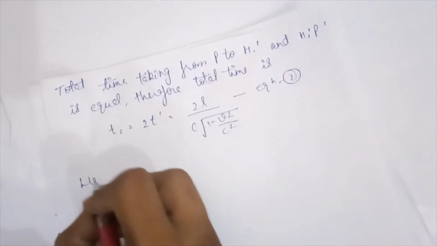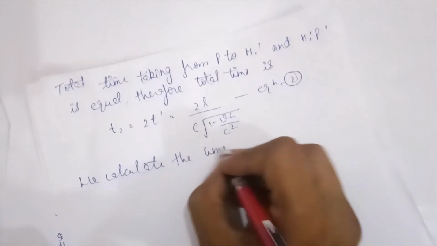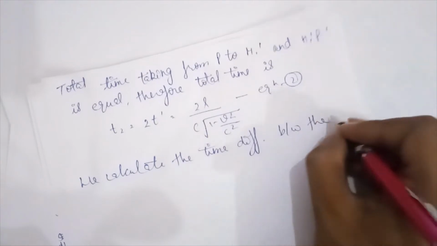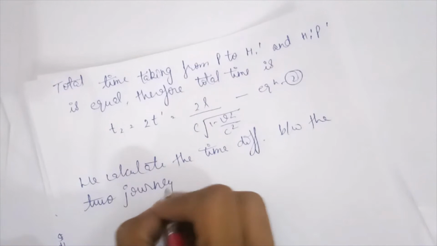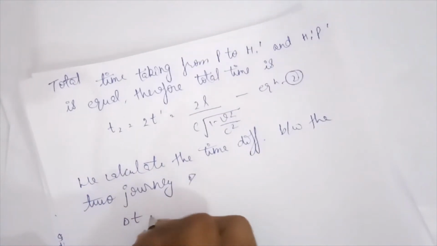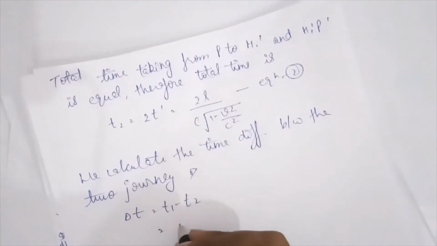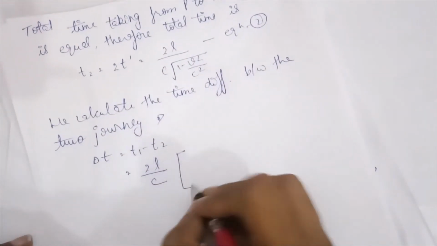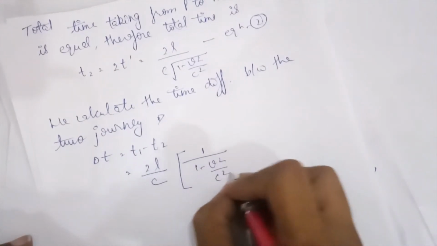Now we calculate the time difference between the two journeys. It implies we have to find delta t equal to t1 minus t2, equal to 2L upon c into 1 upon 1 minus v square upon c square.